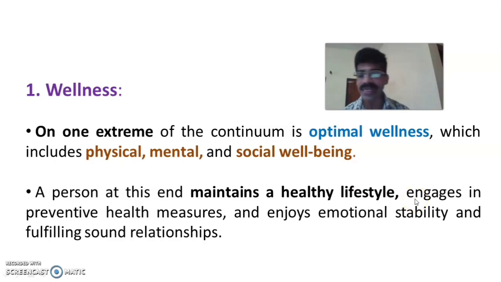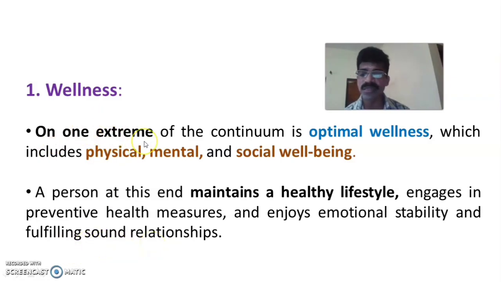That means he engages in all preventive health services. He takes all preventive measures like vaccinations and other awareness, and enjoys emotional stability. So he may have normal emotional and mental health, and a good relationship with society and groups, that is social health, and fulfilling sound relationships.